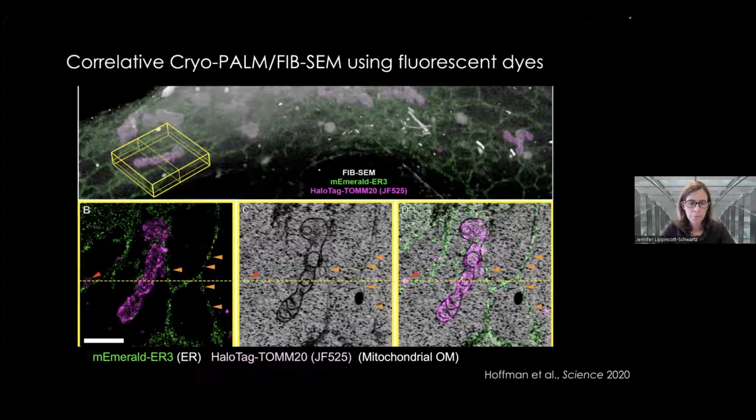Basically, this is a PALM image in the lower left in B, where you can see a mitochondrial probe, TOM20, superimposed with an mEmerald ER marker. And you can see beautiful identification of the ER and mitochondria in these images. So this is really very cool to be able to see all of these organelles identified through this type of labeling.